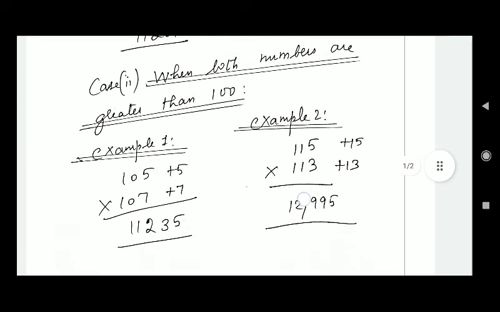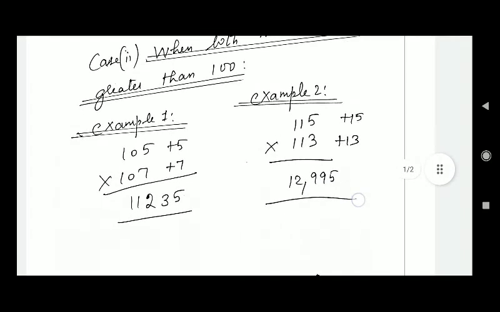Now let us go to example 2. Multiplying 115 and 113. 115 is 15 more than 100 and 113 is 13 more than 100. We already know that 15 square is 225. So 13 times 15 will be just 30 less than that, which gives us a value of 195.